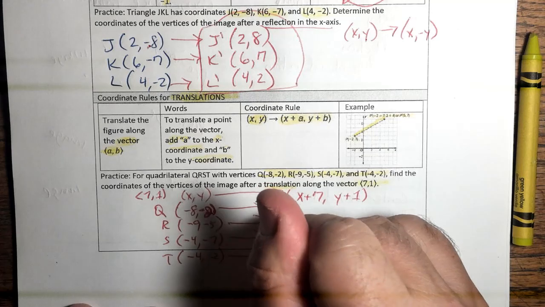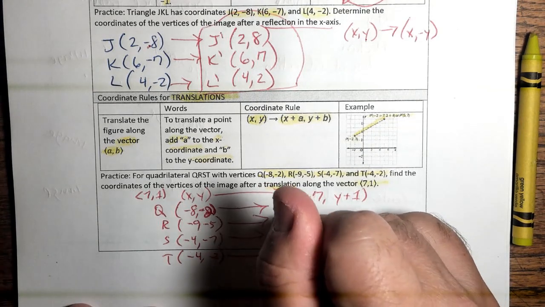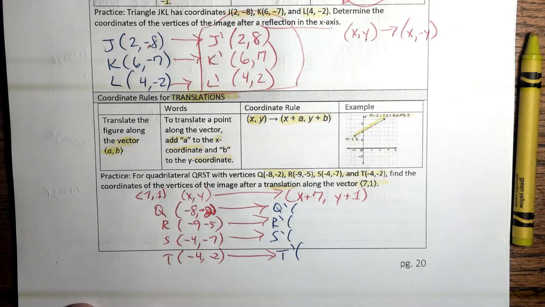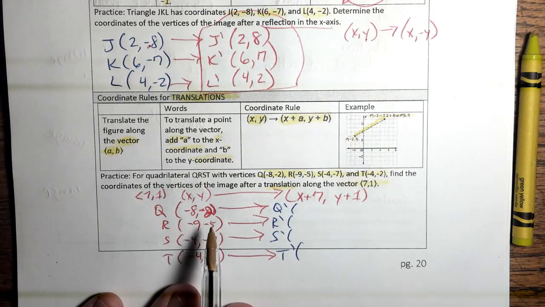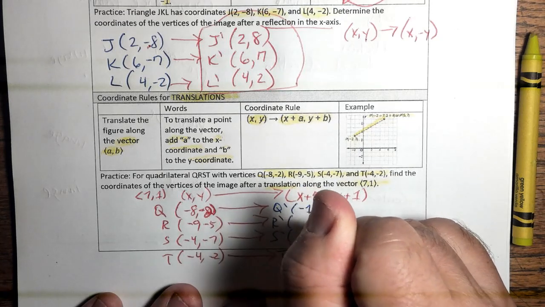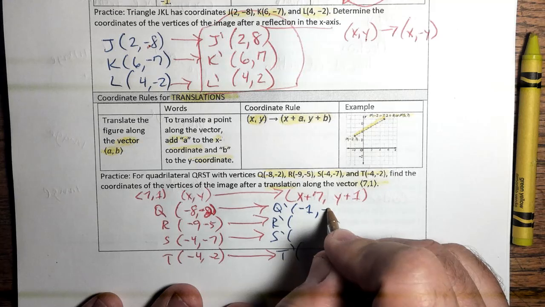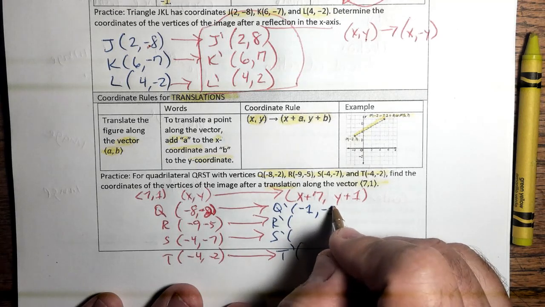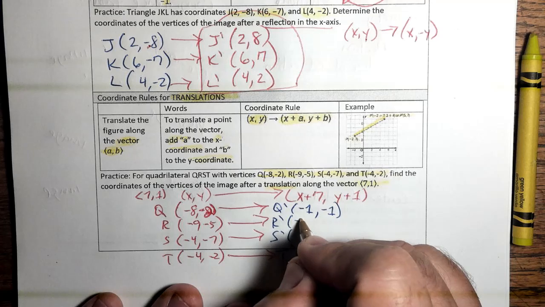So Q prime, R prime, S prime, T prime. Alright, so x plus 7, so negative 8 plus 7, negative 1. Negative 2 plus 1, negative 1. R, negative 9 plus positive 7 is negative 2.